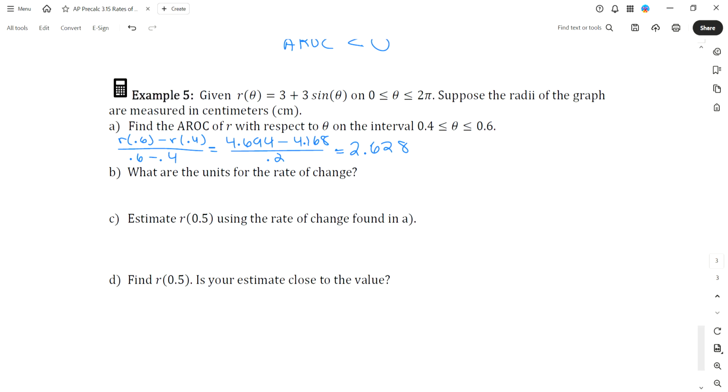Now, as we think about the units here, what are the units of my radius? This problem says that my radius is a particular set of units: centimeters.